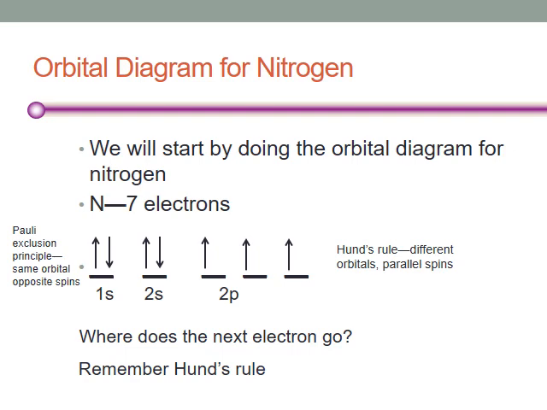So before we start doubling up, we will go in parallel spins in the different p orbitals. So this is our orbital diagram for nitrogen, showing that there are 3 unpaired electrons. There are 7 electrons total, 3 with parallel spins.